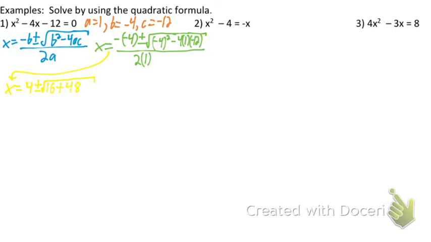Any questions on how I've gotten what we've gotten so far? Any questions on how we've gotten the 16, the 48, the 4, any of that? Okay, on the bottom, what's 2 times 1? 2. So now we say, okay, 4 plus or minus, can I add that 16 and 48?